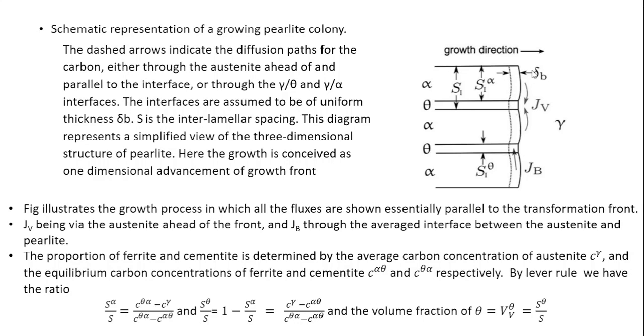So the interface thickness here is delta B. Interfaces are assumed to be of a uniform thickness delta B. This is the interlaminar spacing, which comprises one unit of theta phase, that is cementite, and one unit of ferrite, alpha phase.